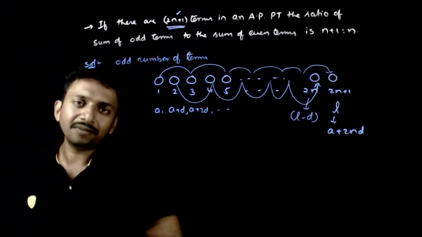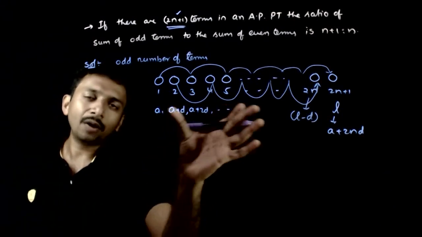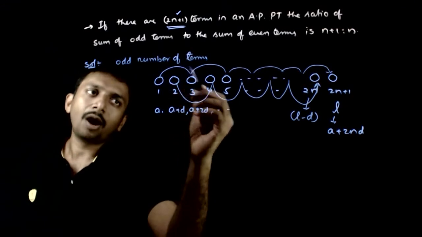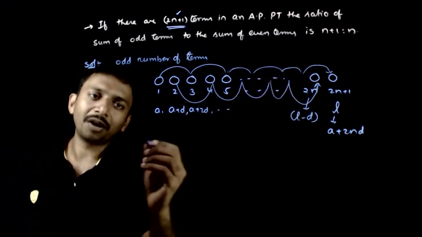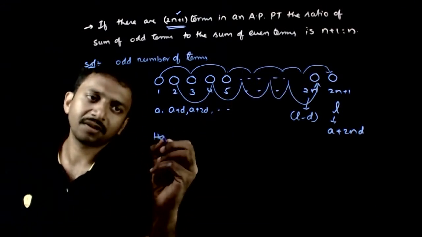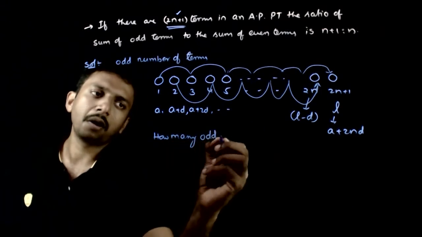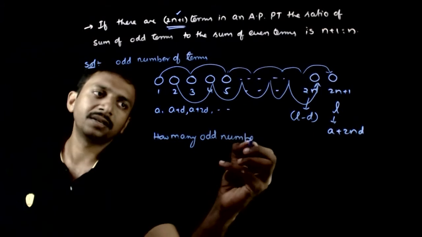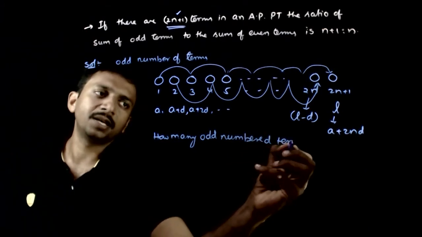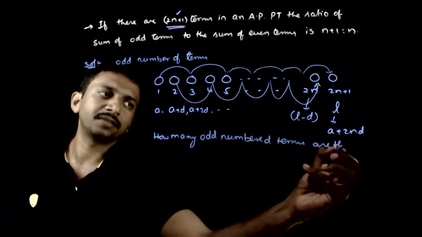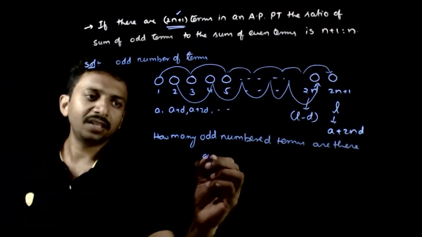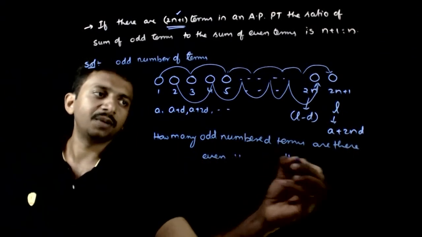Okay. So now, can you see that out of these 2n plus 1 terms, how many odd numbered terms are there? And how many even numbered terms are there?